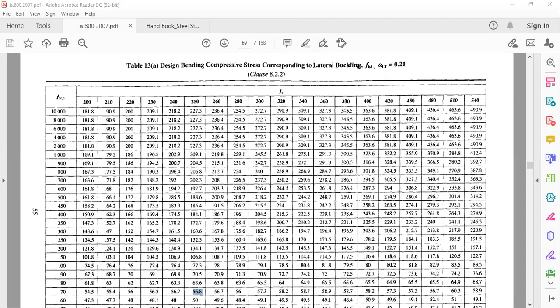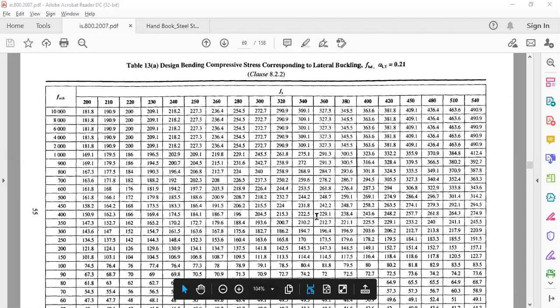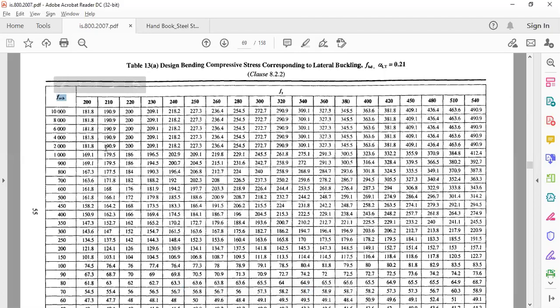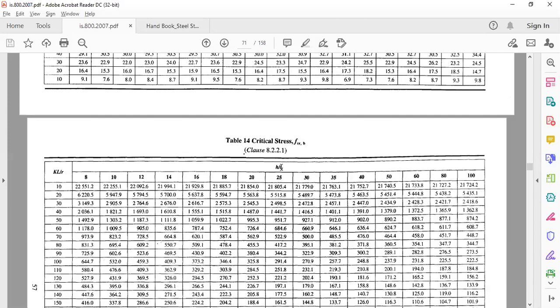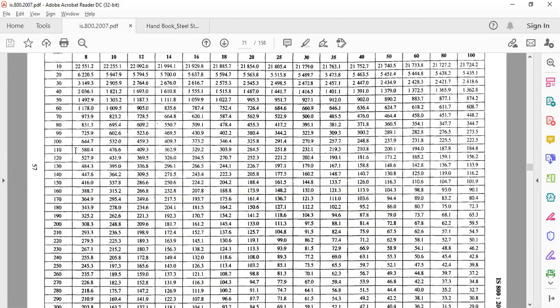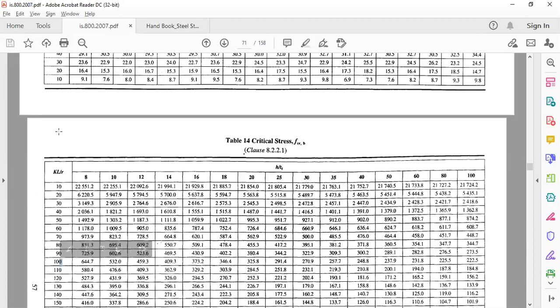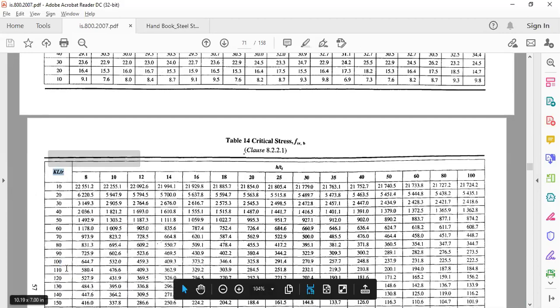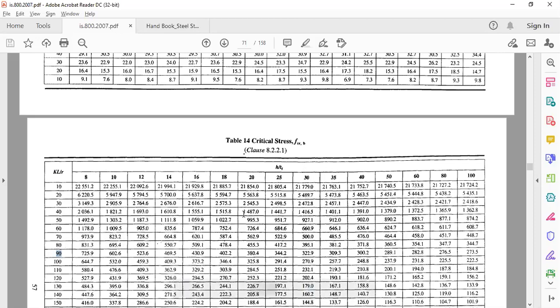So alpha LT. This table is used for fbd value. If I need fbd, I need fcr bending, the critical bending stress. For critical bending stress, I have to go to table 14. Here KL by r minimum value is 93.45; approximately I am taking 90. And our h by tf value is 25.42, so I am taking approximately 25.